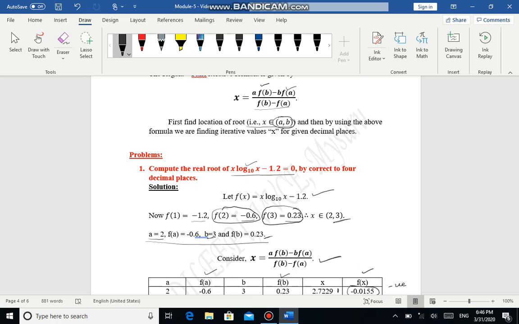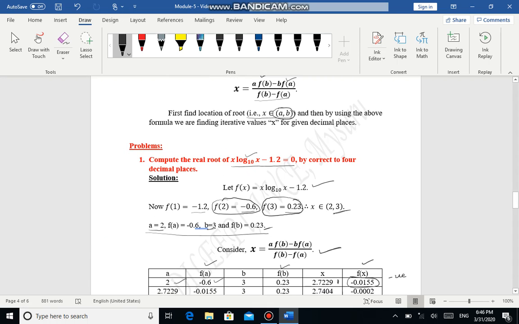So I replace a and f of a by the new value of x and f of x. The new a becomes the first iteration of x, and f of a becomes the first f of x value. B and f of b remain the same. Now using this updated value, find the second iteration of x.